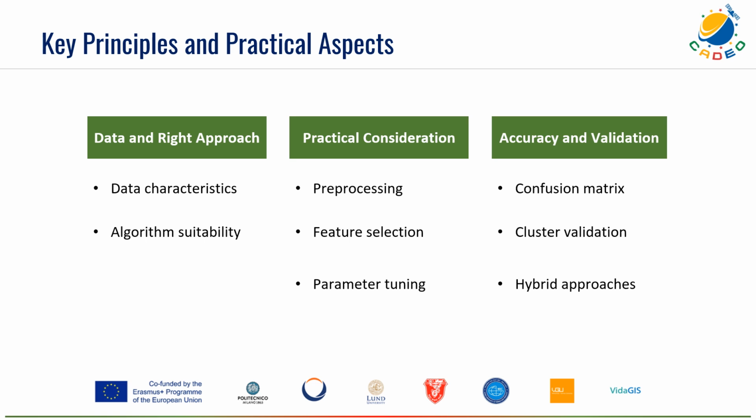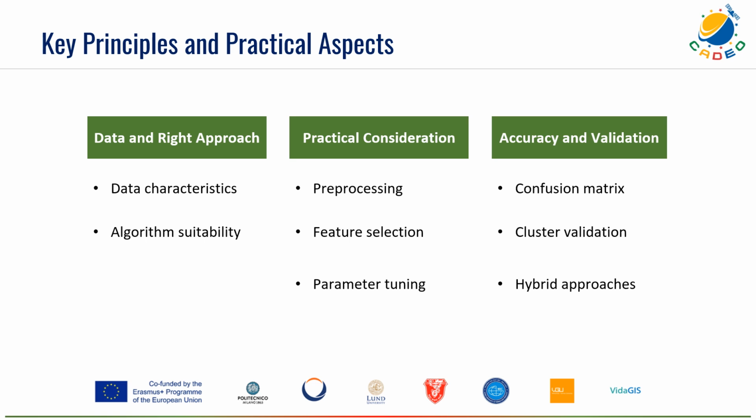The key principles and practice aspects of image classification are understanding the data and choosing the right approach. The choice between supervised and unsupervised classification often depends on the characteristics of the data available.